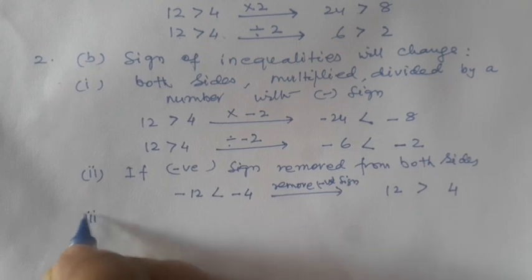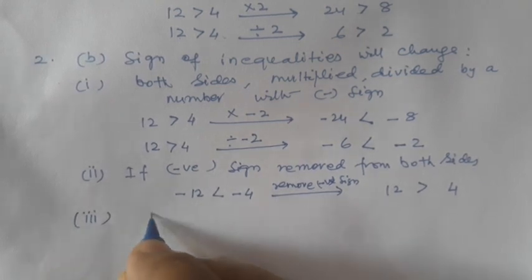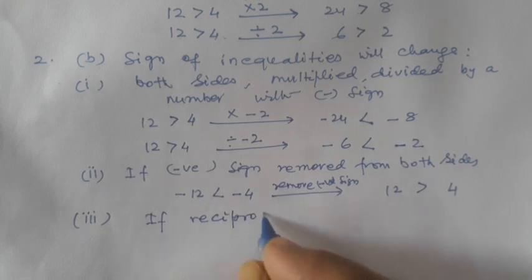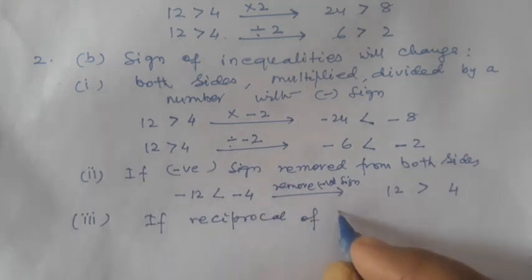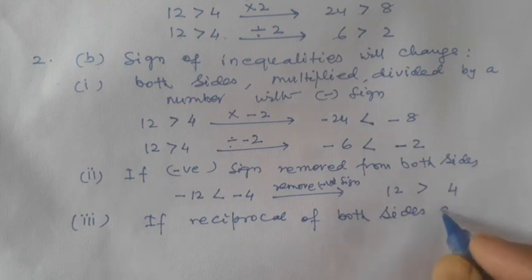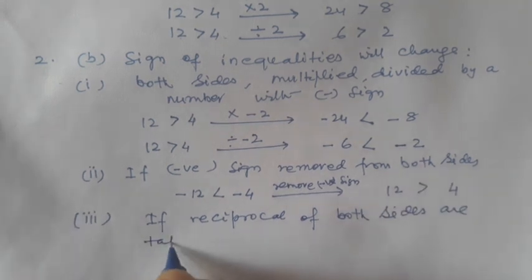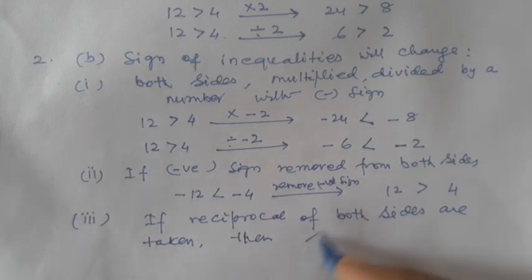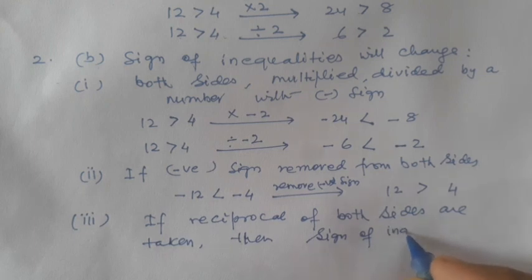Third point is, if the reciprocal of both sides is taken, then the sign of inequalities changes.